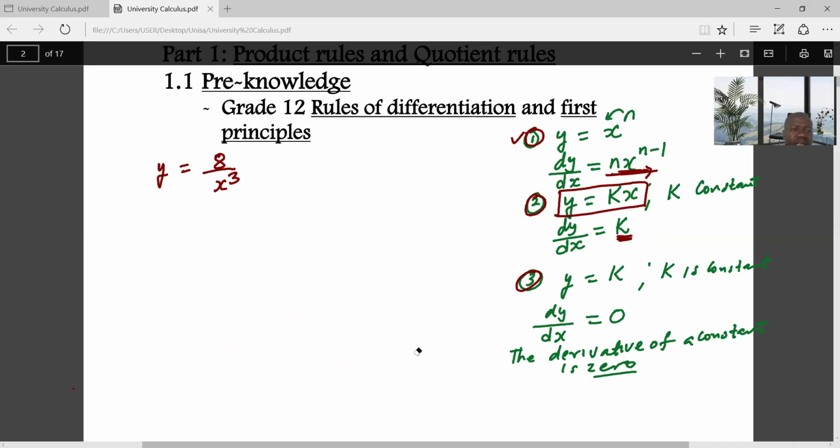What would be the derivative of y with respect to x? What is the derivative of y with respect to x? If you are saying the answer is dy over dx, it's 8 divided by 3x squared, this is wrong.